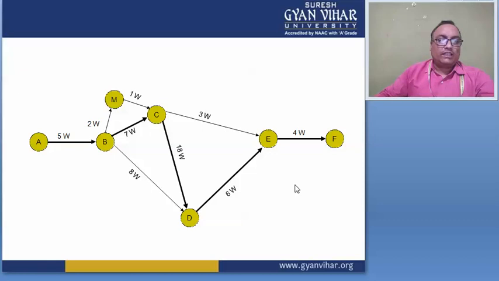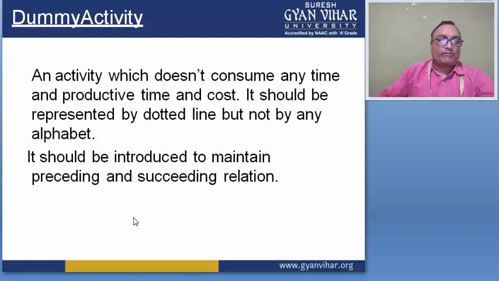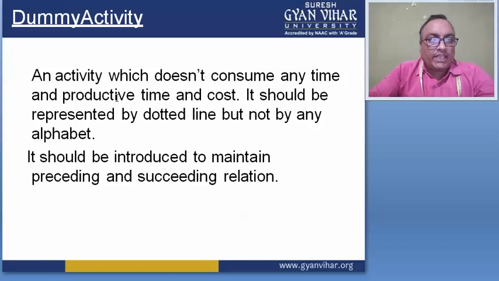So I hope you understand this question well for the network analysis, and now let us move to the dummy activity. This dummy activity shows no time and no cost.